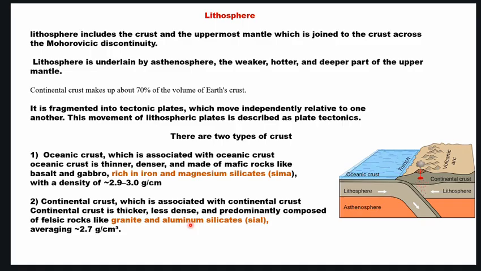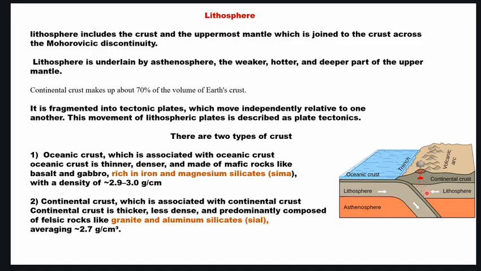Those are what the silicate minerals are made up of. So they are lighter and they are generally called SIAL. You can see their average density is generally less than 2.7, while the oceanic crust is denser, 2.9 to 3. Do you understand?